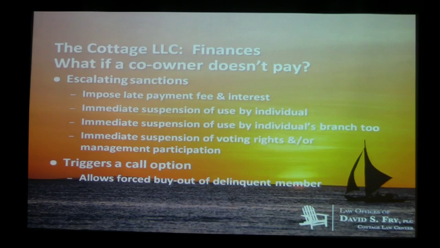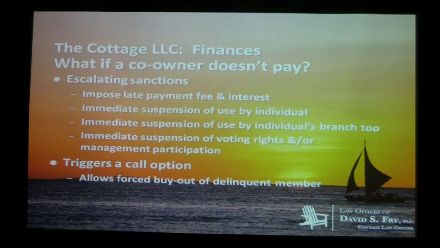And the reason, or the appeal that that has for many families, is that it gets the rest of the group out of the enforcement business. And it puts the pressure on the immediate siblings to either get the delinquent person to pay or to cover that by themselves so that the other members of the family, the other owners of the LLC, don't have to make up the shortfall. So we can extend that to the branch.